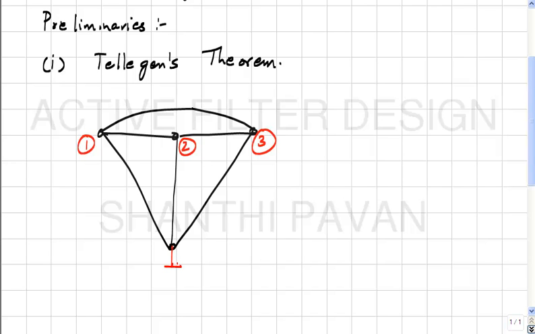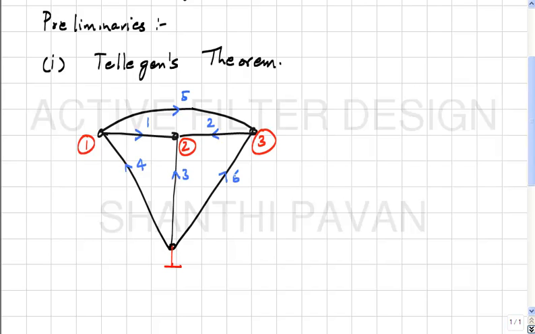So, a network consists of nothing but nodes and branches. I will number the branches. I will call the branches branch 1, 2, 3, 4, 5, and 6. Correct? So, this is what is called the graph of a network, okay, where the nodes have been circled and the branches have been numbered.